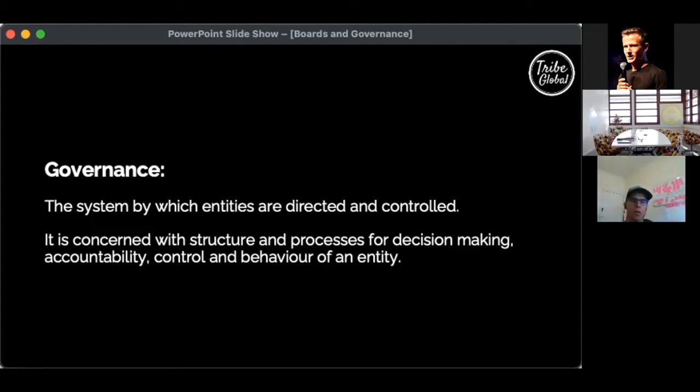So by that, we mean the structure of the organisation, the processes, decision-making, accountability, control, and behaviour of the entity. So it's much more than just a board. Often we think governance, I'll put a board in and now I've got governance, as if almost that connotation of government. But really there's a lot more to it. So really when you think about governance, think about holistically, how do we direct and control this organisation?